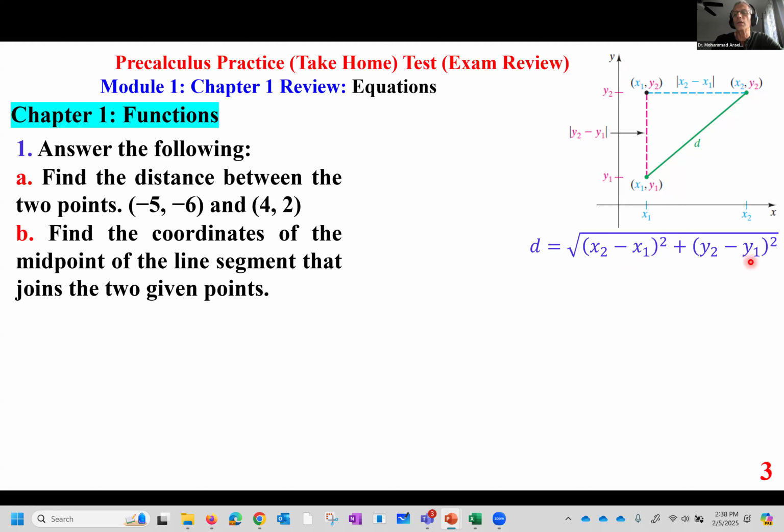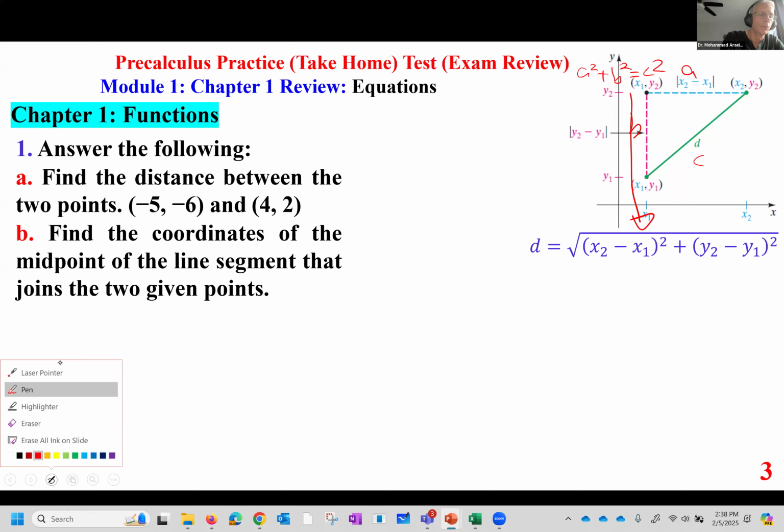This is y sub 2 minus y sub 1 quantity squared, and this is distance squared. In other words, you can call this a, b, c. So from a squared plus b squared equals c squared, it results in the distance formula. So there's a reason for it. I wanted to explain that one too.